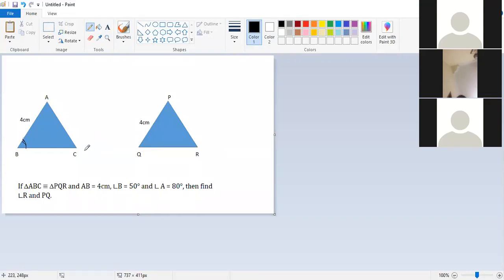If angle B is 50 degree, I can say angle Q is also 50 degree, because both triangles are congruent.